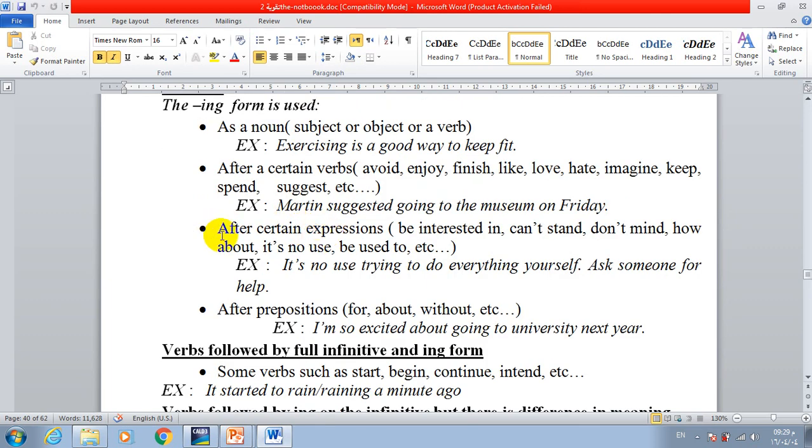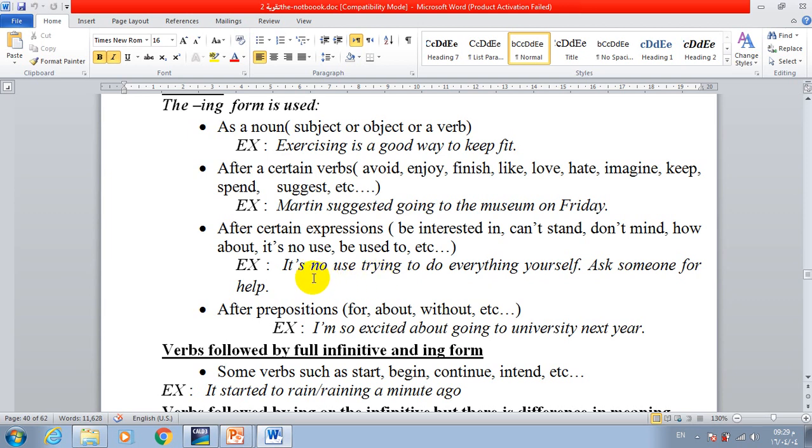Another thing for the ing form, we use the ing form after certain expressions like be interested in, where be is am, is or are, and can't stand, don't mind, how about, it's no use, be used to, etc. Like the example, it's no use trying.